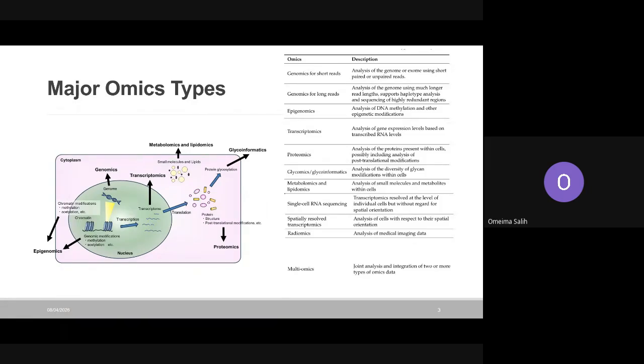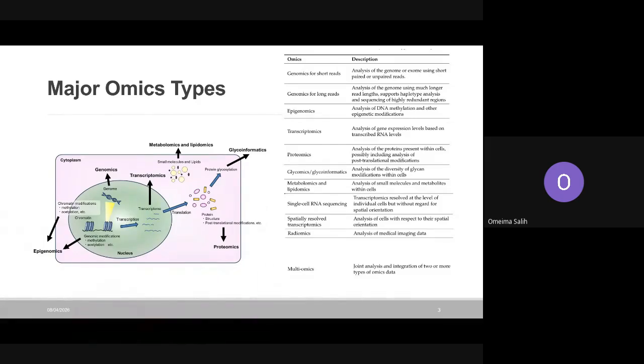While using genomics for long reads, you are analyzing the repetitive sequences, which are long repeats within the genome. At the end, you are studying the genome with different approaches but with different aims. At the end, it's sequencing the genome and defining the genome content of a specific organism or a specific cell.